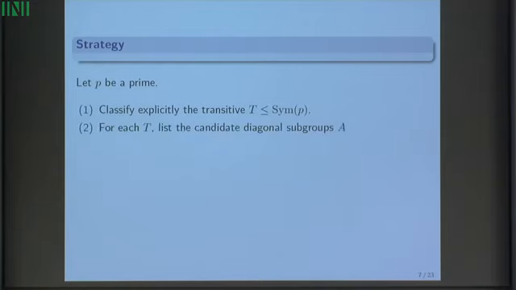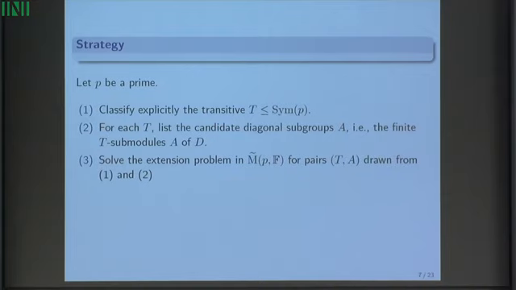The next step is to solve the submodule listing problem. List all of the candidates for the diagonal subgroups of the groups in your final classification. That is, all of the finite T-submodules of D for each T from step one. Then solve your group extension problems in M tilde for each T from step one and A from step two.